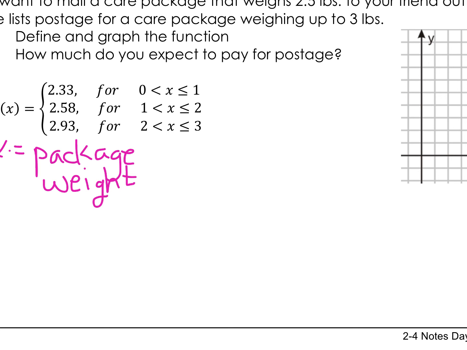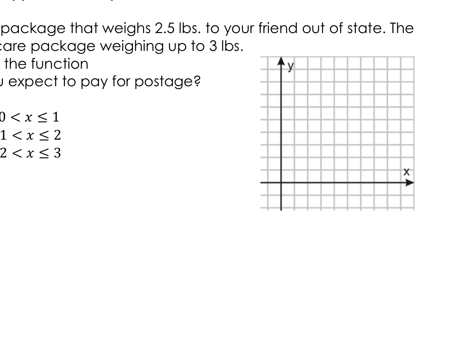So for our y value, I am going to do a little broken graph that just implies that I didn't go from, when I start at 0 here, my first one is not going to be a normal amount. So I'm going to go from 0, and then right here is going to be $2.